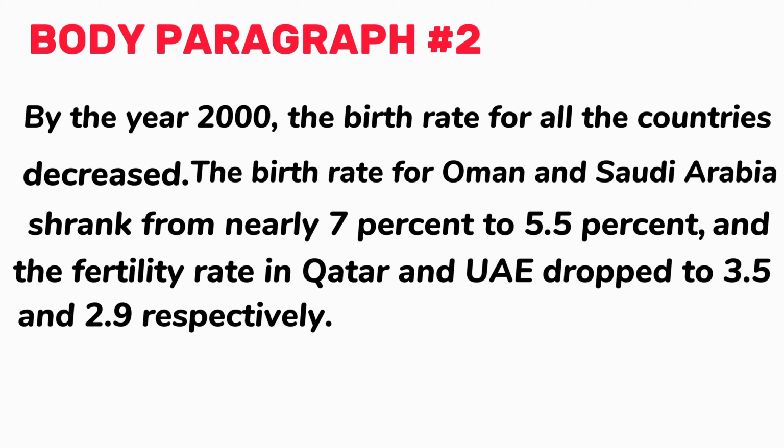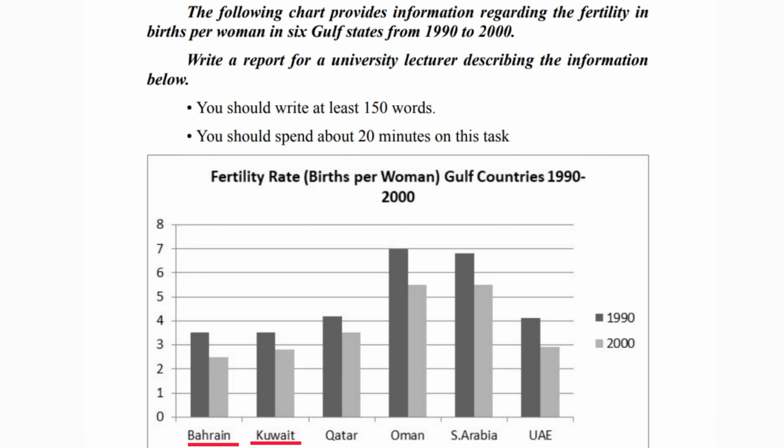Note here that I didn't describe that both of their birth rate dropped from 4.1. I didn't write the figure 4.1 because I've already discussed it in the previous body paragraph, and also I don't want to include every single data. Bahrain and Kuwait. Their birth rate also dropped to 2.5 and 2.8 respectively.